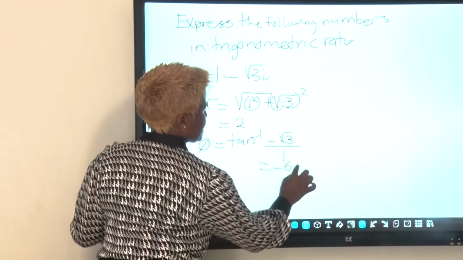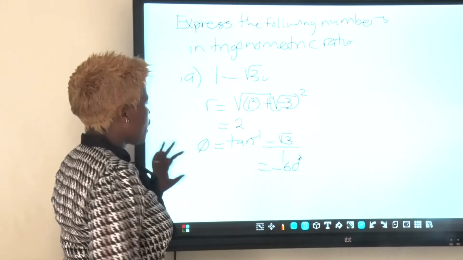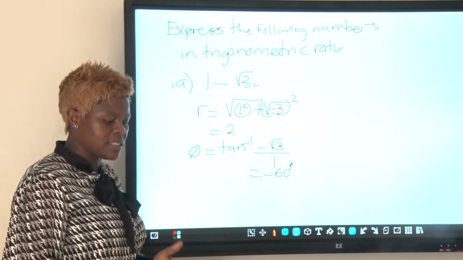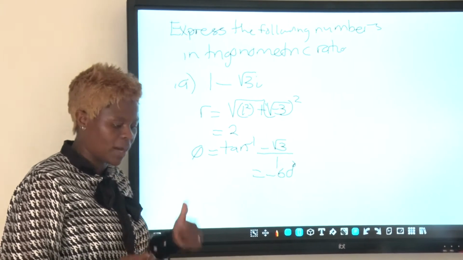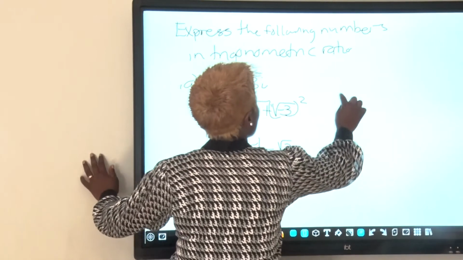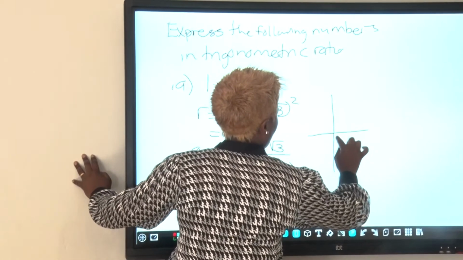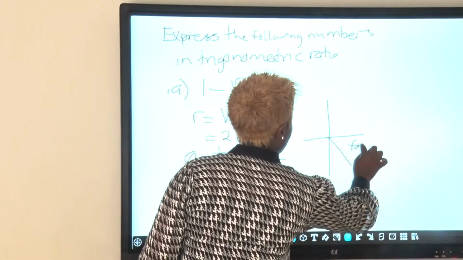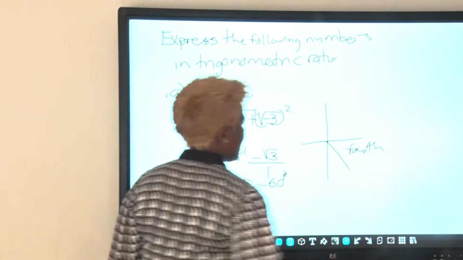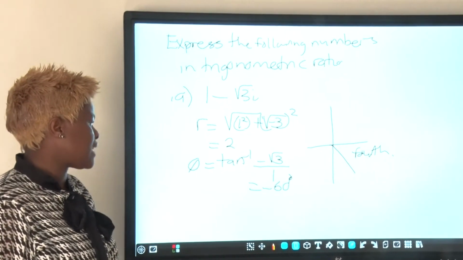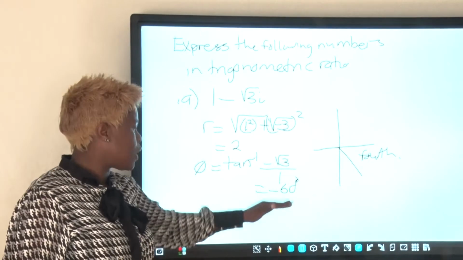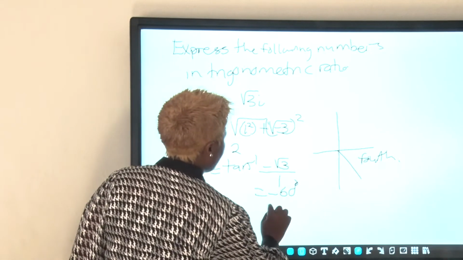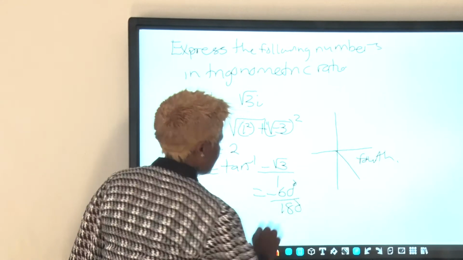It is minus 60 degrees. And you have to find if this answer falls in the first, second, or third quadrant. What do we do? You draw. And when you draw, your answer falls in the fourth quadrant. We have already alluded that when it falls in the fourth quadrant, we leave our answer as it is. So what we do here, we divide by 180 degrees.